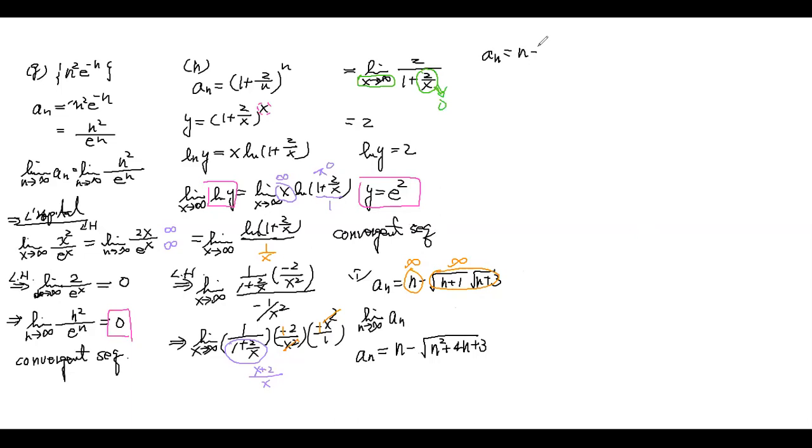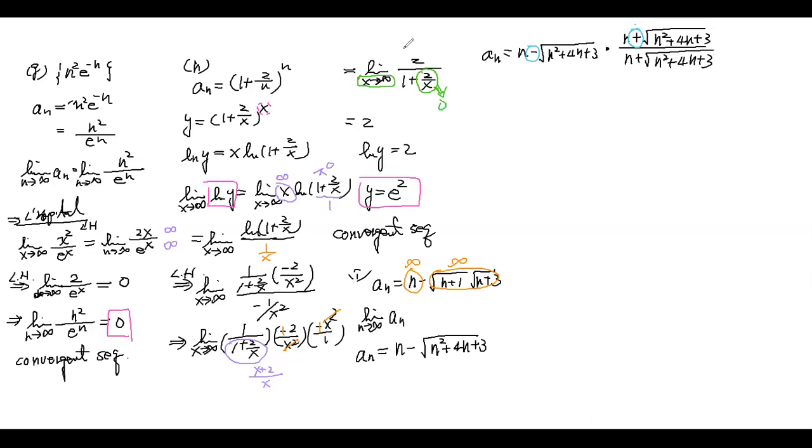So this is n minus the square root of n squared plus 4n plus 3, and we multiply by the conjugate, n plus the square root of n squared plus 4n plus 3. We used this skill in the earlier chapters on limits. Don't forget, this is a very important skill. The conjugate is like: if here is minus, then here is plus.